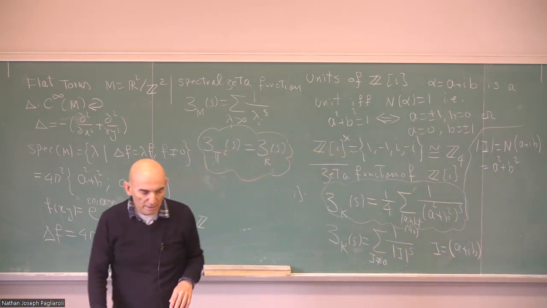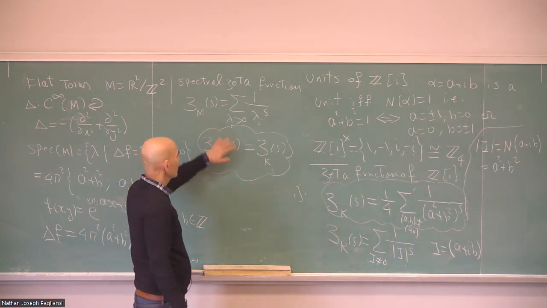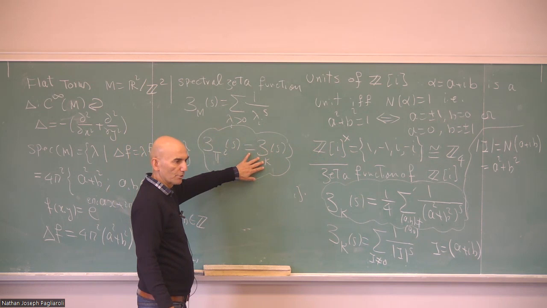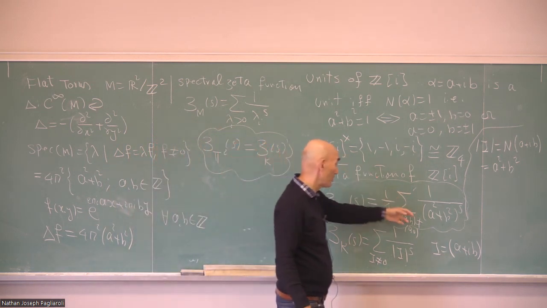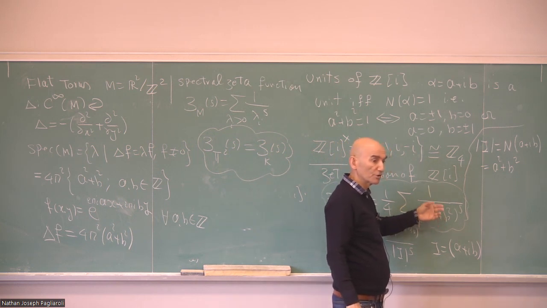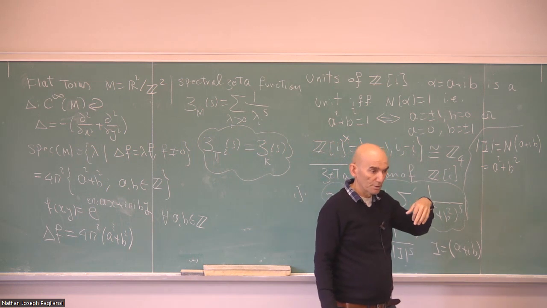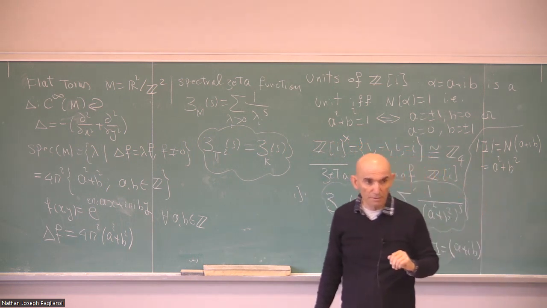But I tell you that it's very rare that these spectral zeta functions have some number theory incarnations like this. And vice versa, I'm not sure even all number theory zeta functions are geometric either. I'm not even sure about that. That's a good question to look at.